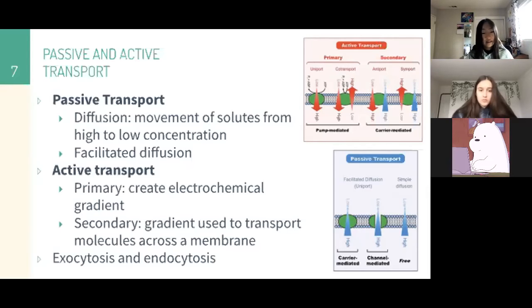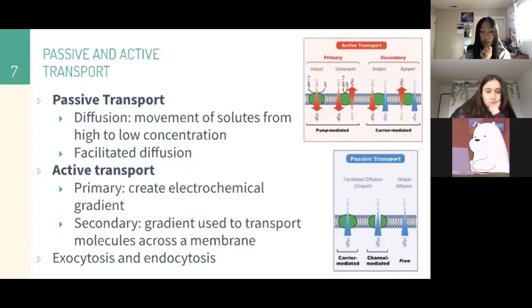And facilitated diffusion is where protein channels or other types of channels allow solutes to move down the gradient, even though the solutes can't pass through the membrane naturally. And over here, you can see the different types of passive transport. So there's carrier mediated and channel mediated for facilitated diffusion, and then free for osmosis and simple diffusion.